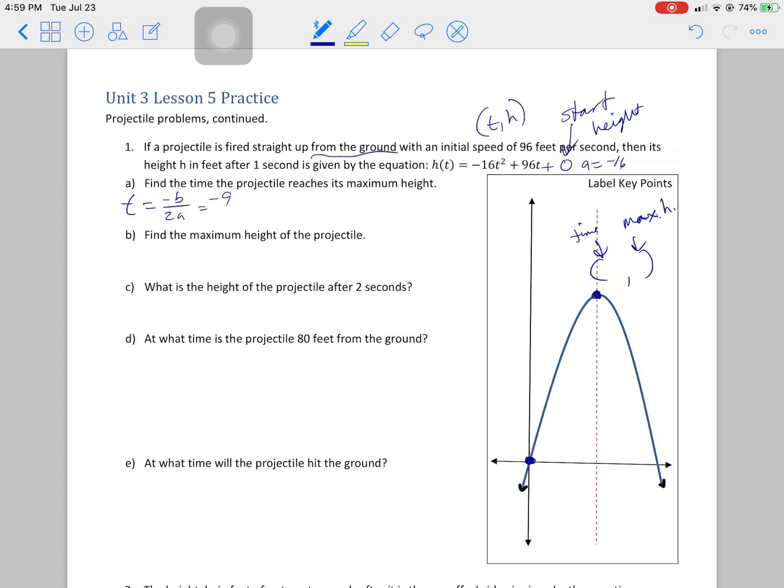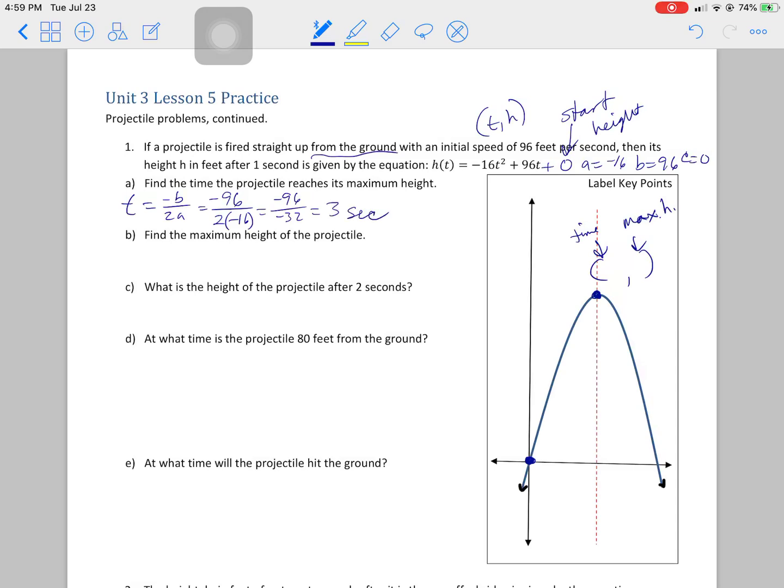A equals negative 16, B equals 96, C equals 0. All right, so negative B is a positive 96, so negative 96, 2 times A is negative 16. So negative 96 over negative 32, and a negative over a negative is going to be a positive. It turns out to be 3 seconds.